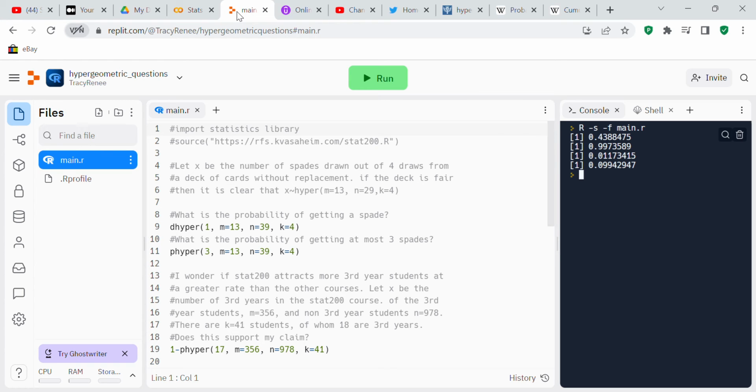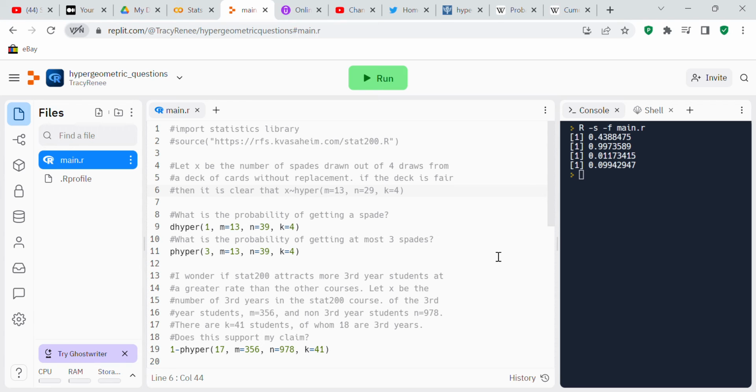It says, let X be the number of spades drawn out of 4 draws from a deck of cards without replacement. If the deck is fair, then X is distributed as Hyper with M equals 13, N equals 39, K equals 4. So what is the probability of getting a spade? You're going to use dhyper with 1 because it's 1 spade.